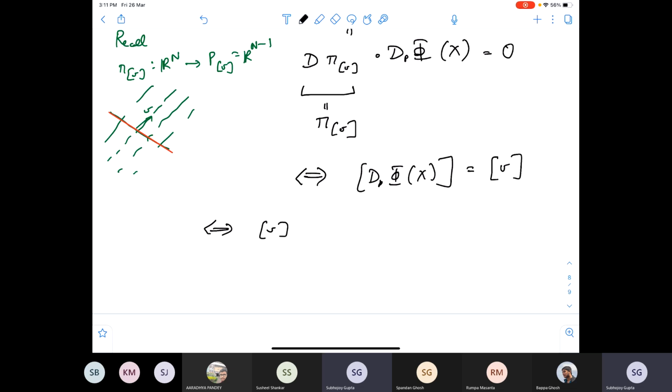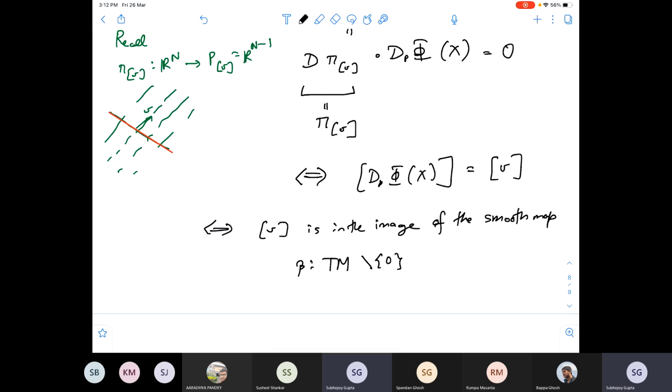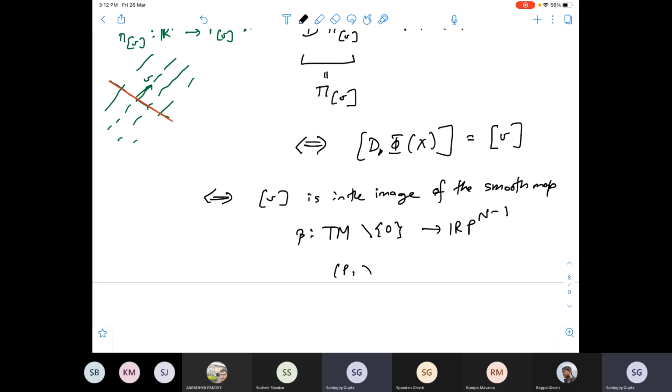So we can say that v is in the image of a smooth map, which I can define as follows. It's a smooth map beta going from the tangent bundle of M, and this is where the tangent bundle comes in, minus the 0 section, I'll describe what it is, to RP^(n-1), which takes (p, x) to dp phi of x.